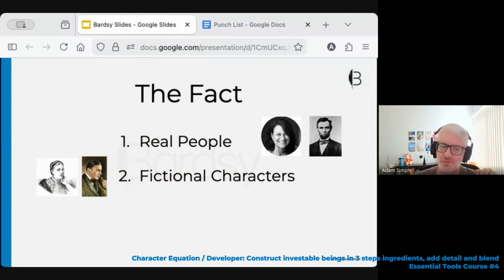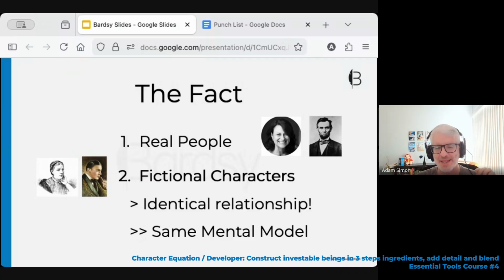Here's the thing. Whether someone is real or fictional, our brain treats them exactly the same way. It's an identical mental model. And that's astonishing, right? You can barely tell someone is fictional. If I ask you questions about a fictional character or a real person, you're going to use the same brain mechanism to answer them.